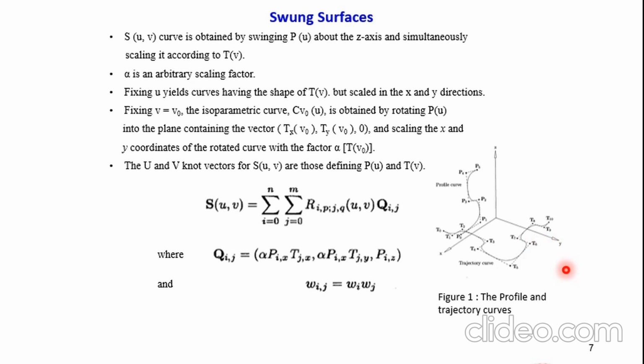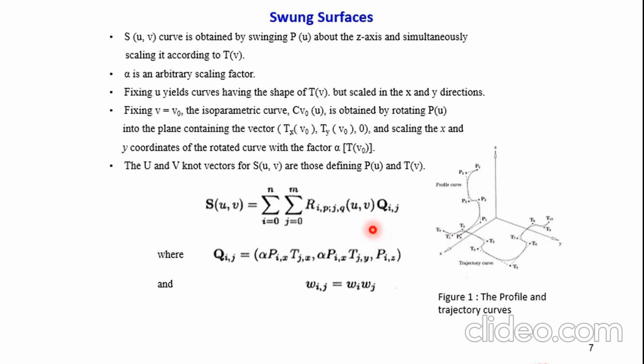So instead of scaling the x and y in such a way that it follows the trajectory curve path, we are going to rotate the profile curve exactly along the direction of the trajectory curve.